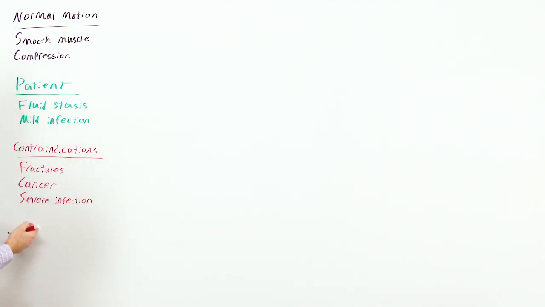The general idea is that if a patient has one of these three things, you don't want to make the condition any worse by spreading it around by doing some sort of lymphatic technique.